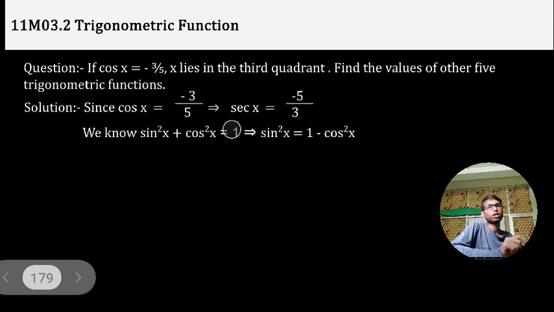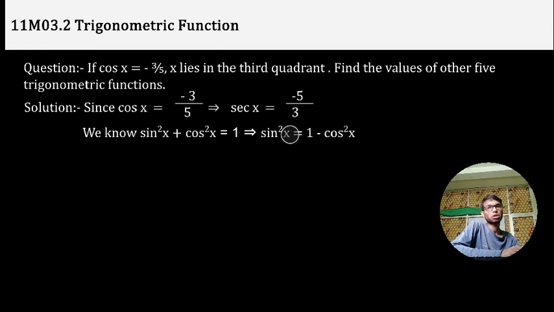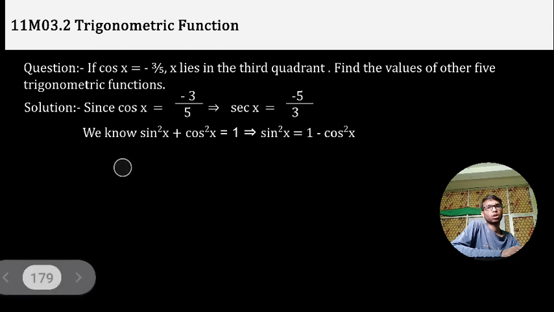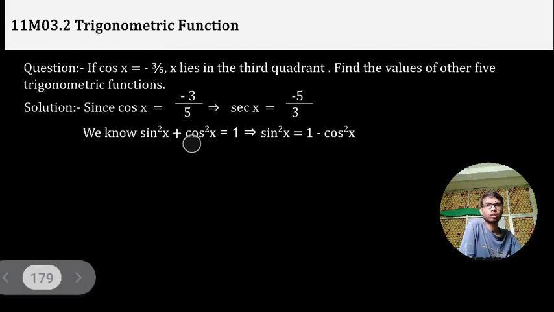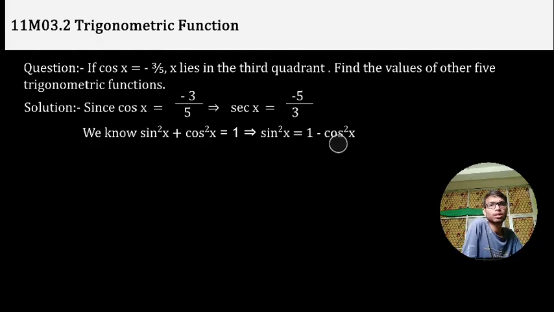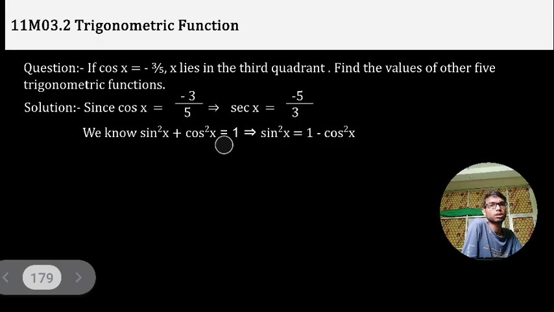Now we don't know the value of the perpendicular. So for this we will find it by using the Pythagoras theorem. We know sin square x plus cos square x is equal to 1. The sum of this and this would be 1. So can we say that sin square x will be equal to 1 minus cos square x? Of course. We can also say that cos square x is 1 minus sin square x. This is coming from this.